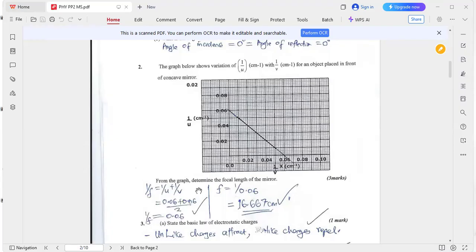But because some graphs have a y-intercept different from the x-intercept, we opt for the average, where focal length will be 1 over the average of the two.